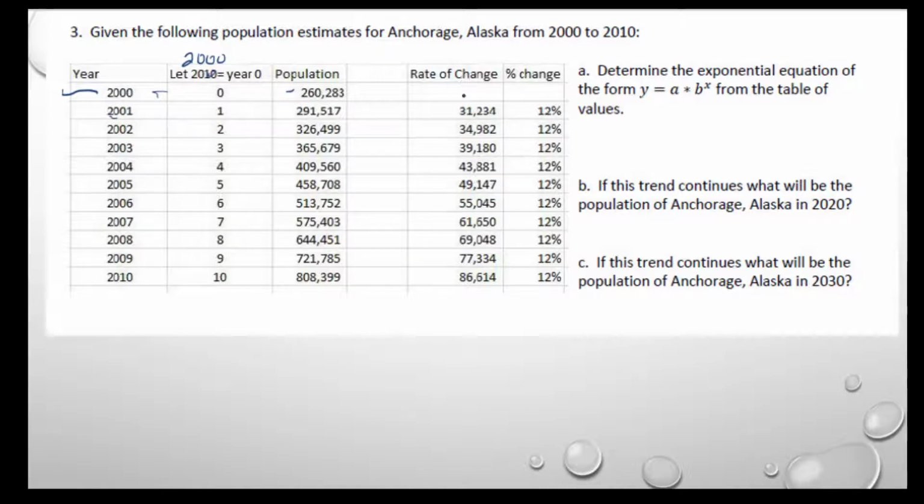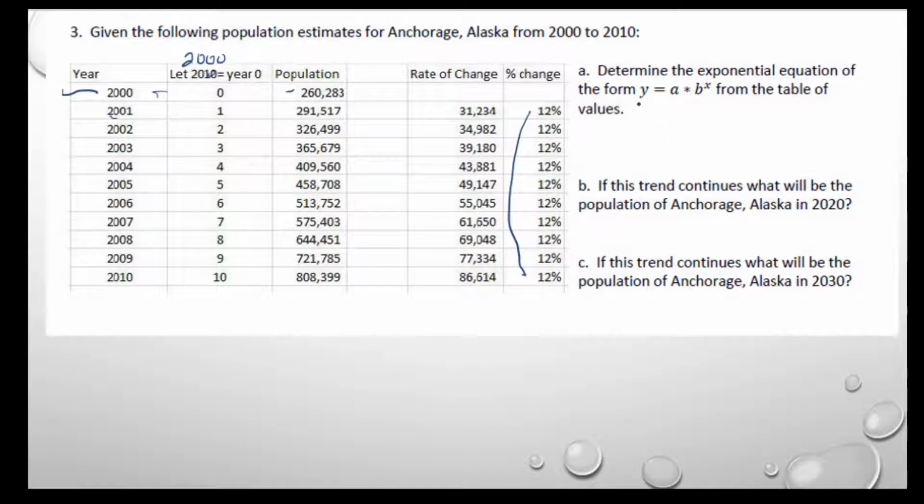We're looking at the rate of change, which is y2 minus y1 over x2 minus x1, and you can see that the rate of change is increasing, so it doesn't look very linear. But the percent change is constant at 12%. So this is an exponential function.